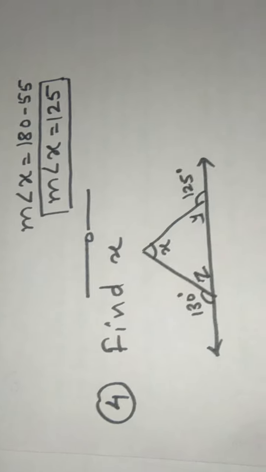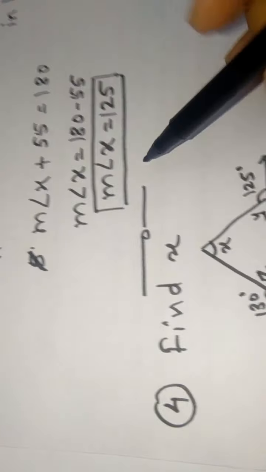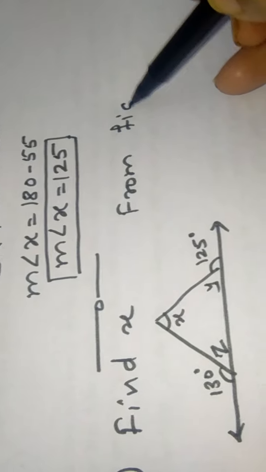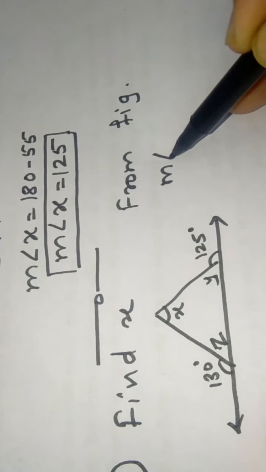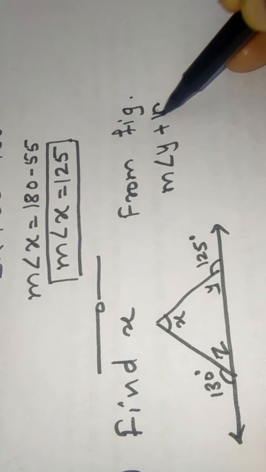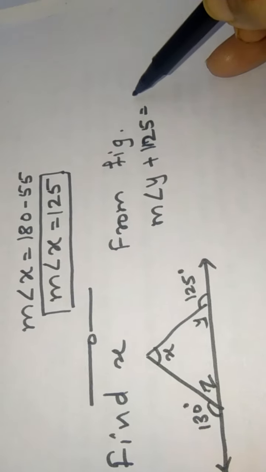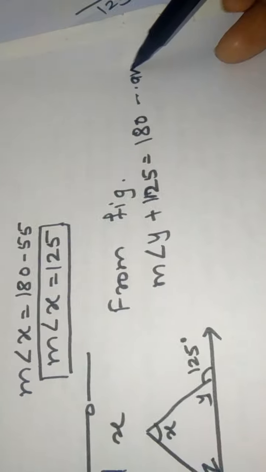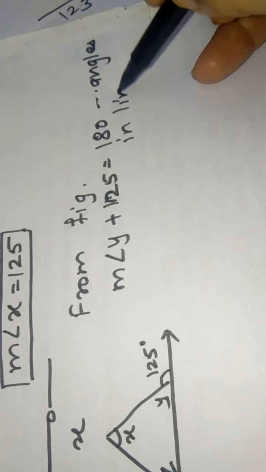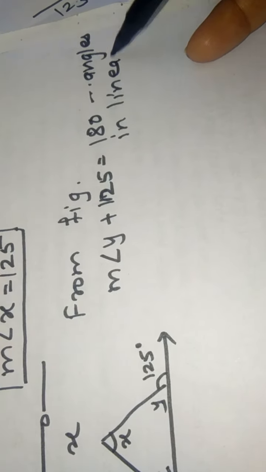It is also used. Now from the figure, measure of angle y plus angle 125 is equal to 180. Why? Because they are angles in a linear pair.